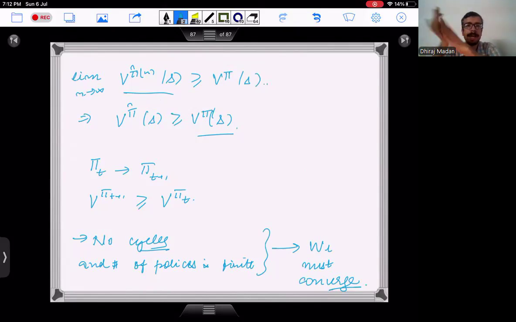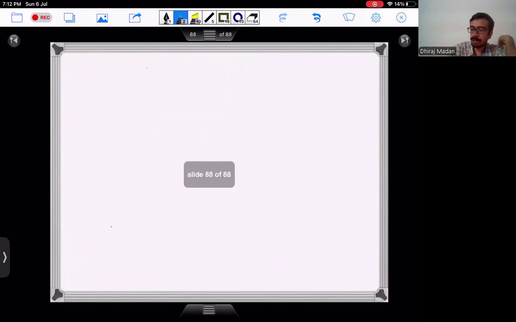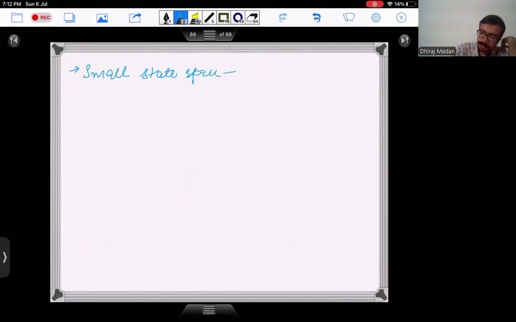So which one of these is better? Well, the idea is that for smaller state spaces, you can do policy iteration. For larger ones, you will have to do value iteration.